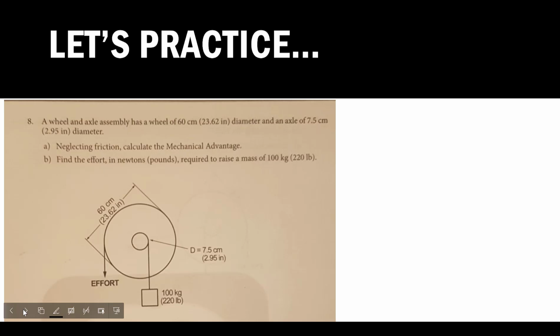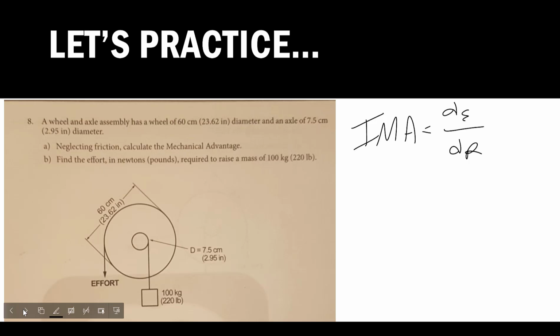Letter A, neglecting friction, calculate the mechanical advantage. So we know both diameters. Go back to our previous slide with all the equations on it. IMA equals effort diameter over resistance diameter.